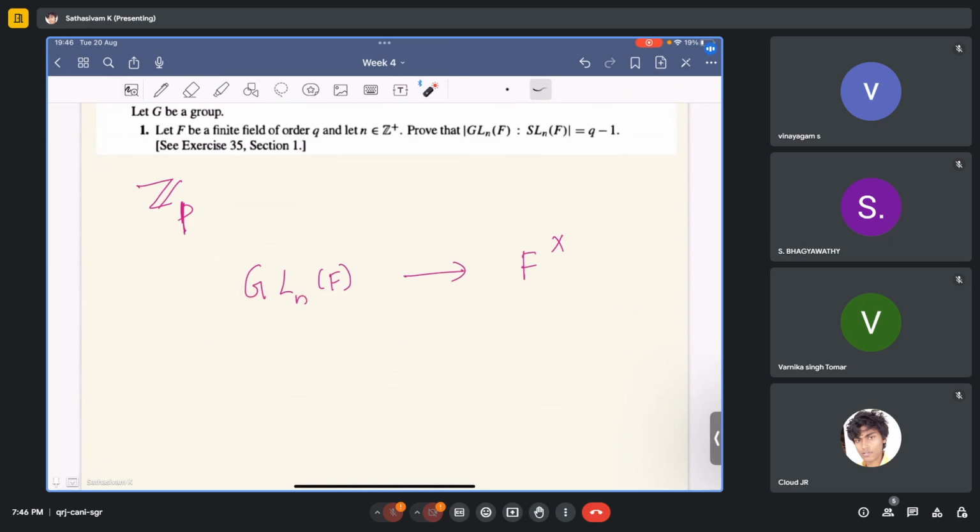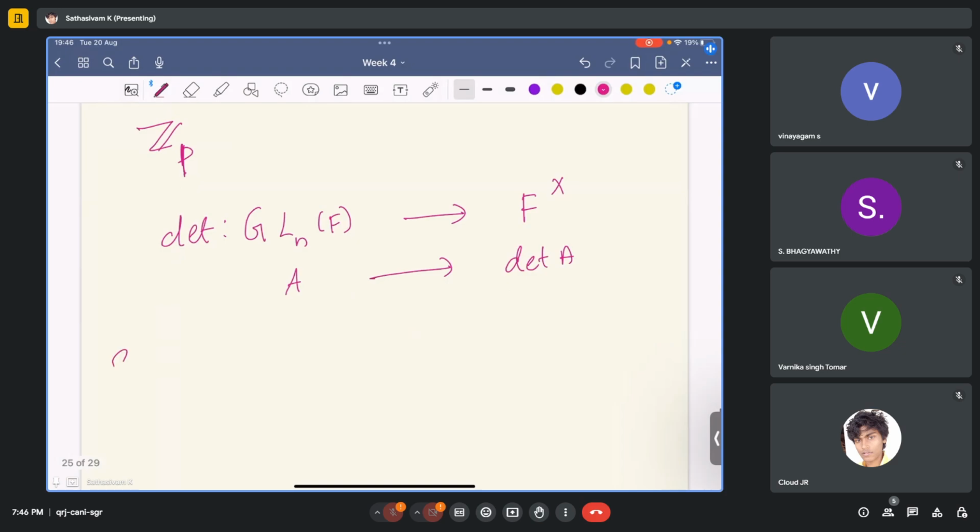Invertible matrices mean the determinant is non-zero. So there is a map which is basically the determinant map. You take A and map it to the determinant of A. And what is SL_n(F)? SL_n(F) is nothing but the set of all matrices A from GL_n(F), this is the definition, with the property that the determinant of A is equal to 1.